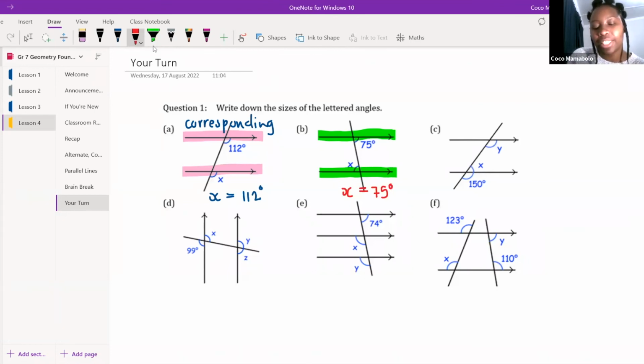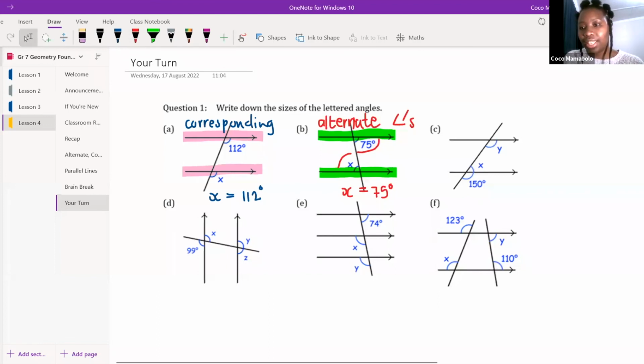And the reason for that? Because they are corresponding. No, they won't be corresponding this time. Look, they're opposite each other. Oh, they're called alternate. Good. Alternate angles. These are alternate, and I'm just going to put the angles that we learned last time. Okay, excellent. These are alternate angles.